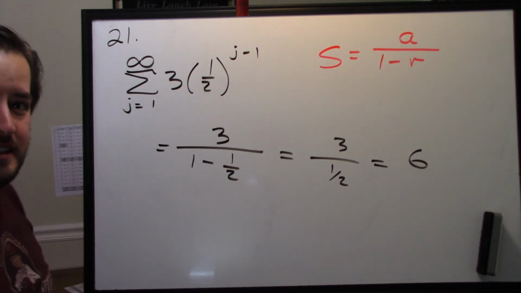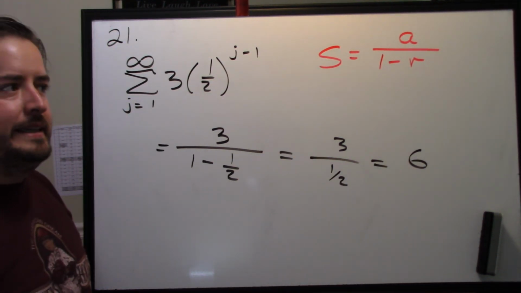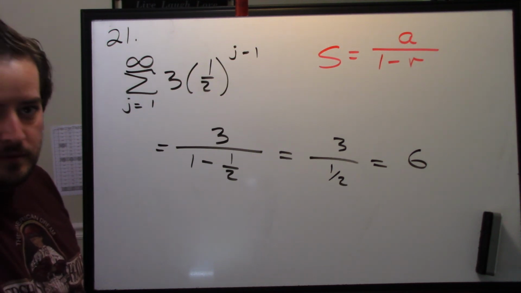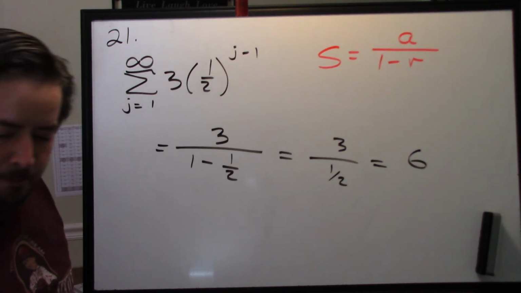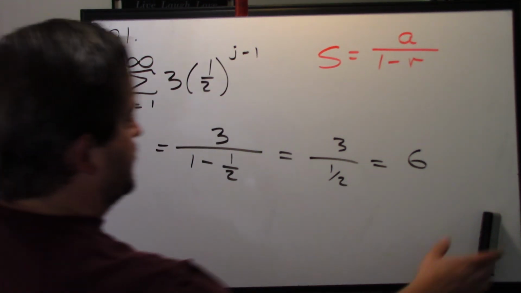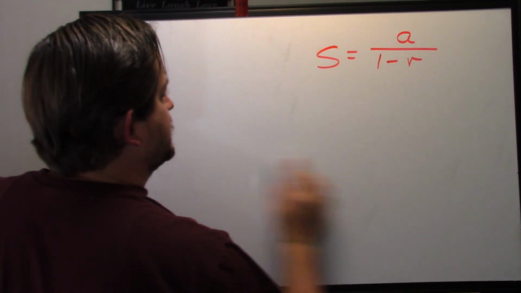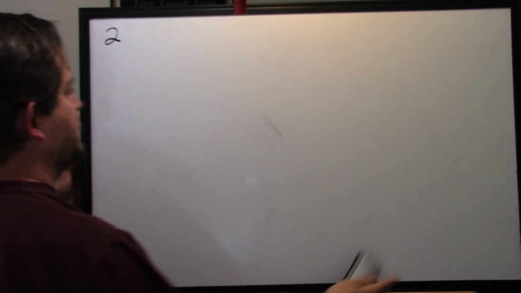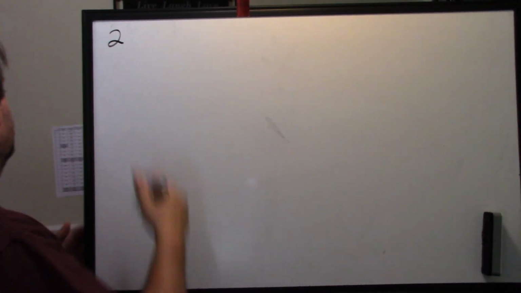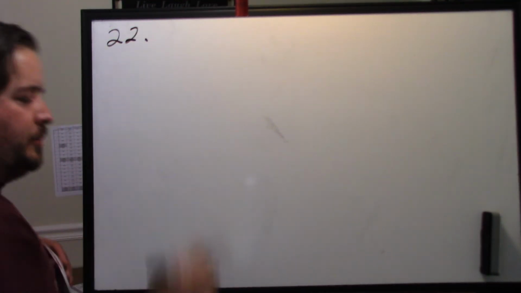You can actually see that these infinite sums are often easier than the partial sums. So let's take a look at 22, and then I'll leave the rest to you guys. That should definitely get you through, I think, the rest of the homework. But I did just say definitely, so let me know if it doesn't, right?